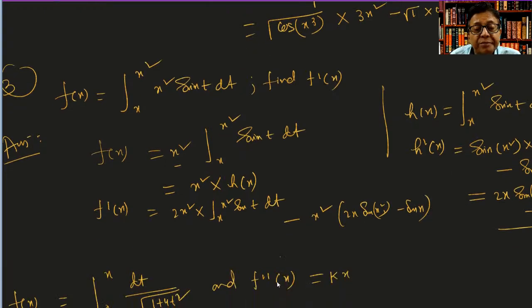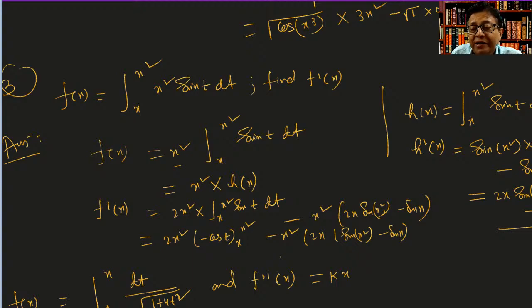Okay? And this part you can do by ordinary integration, that is minus cos t. In fact, you could do it in the beginning only. Just to apply Leibniz rule, we are doing it. Sin x square.